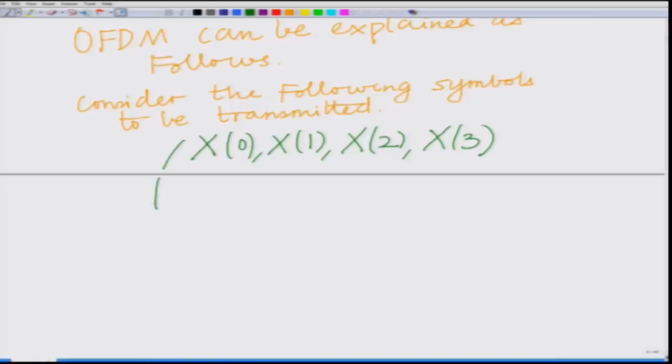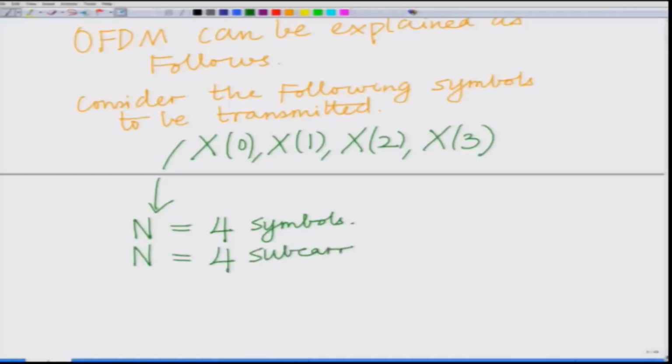So, we have capital N equal to 4 symbols, and this is also termed as the number of subcarriers. Capital N equal to 4 subcarriers.